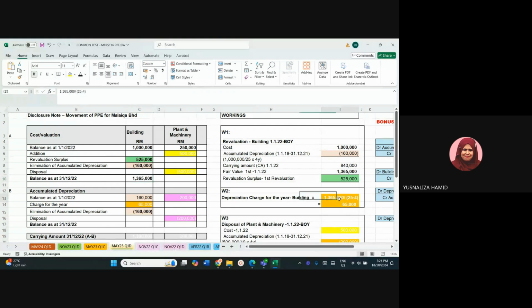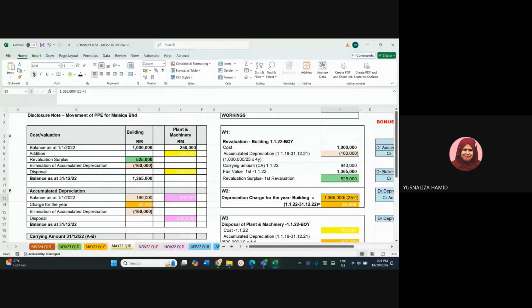And in the same year, the building, starting from 1st of January 2022 up until 31st of December 2022, which is the current year, you will have to recalculate the depreciation. Your recalculation will be based on the revalued amount.